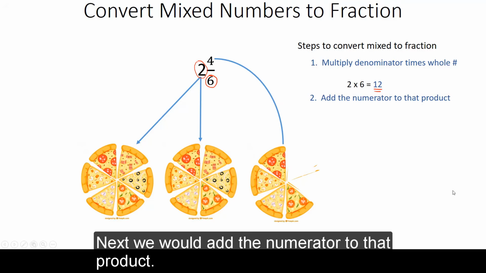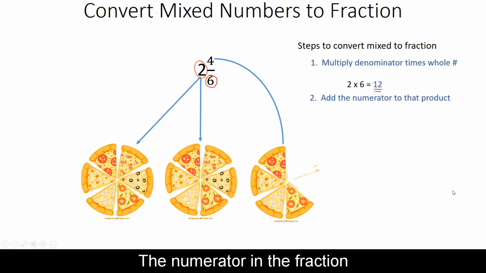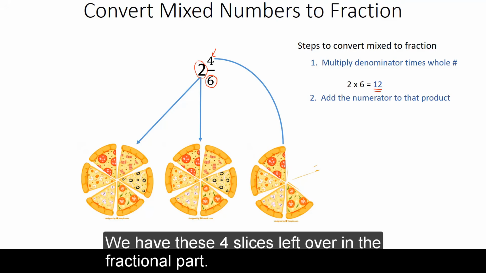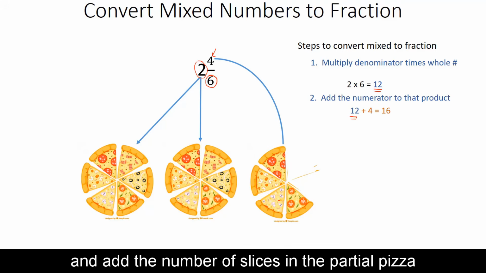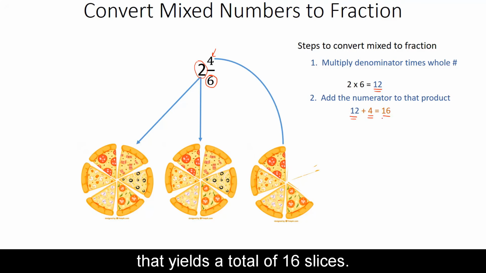Next, we would add the numerator to that product. The numerator in the fraction, in this case, is the number 4. We have these 4 slices left over in the fractional part. So if we take the number of slices in the whole pizzas and add the number of slices in the partial pizza, that yields a total of 16 slices.